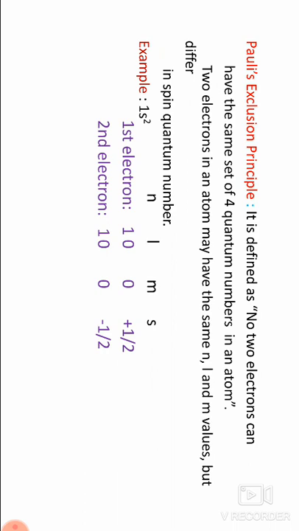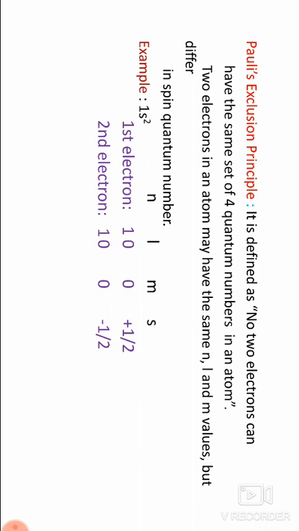Pauli's exclusion principle is defined as: no two electrons in an atom can have the same set of four quantum numbers. Two electrons in an atom may have the same n, l and m values but differ in spin quantum number.